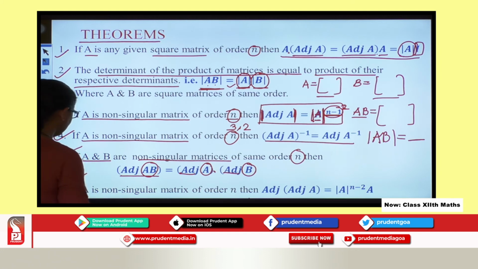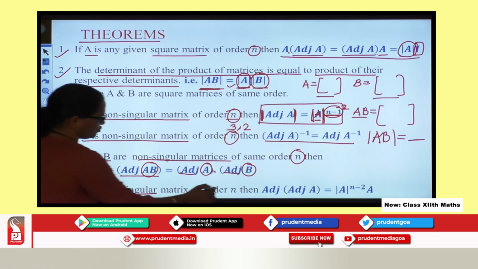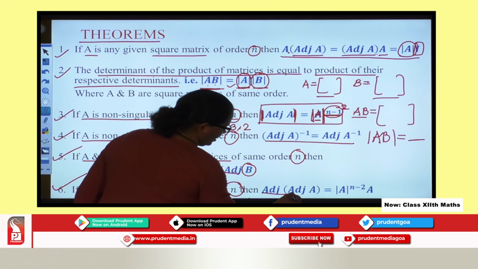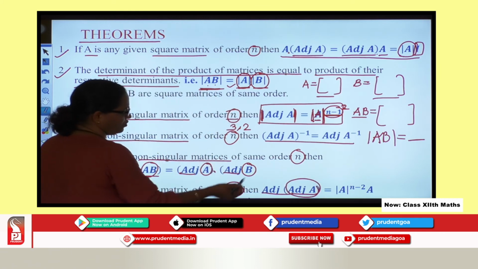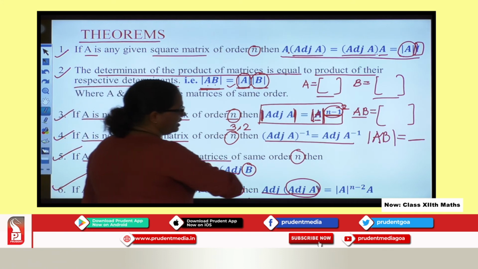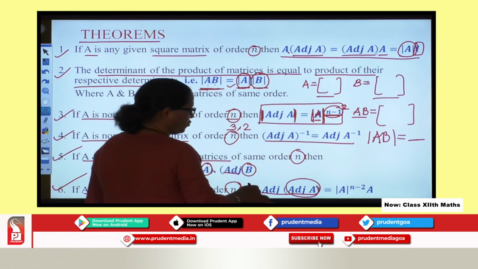Okay, so the sixth theorem, A is a non-singular matrix of order n, then you can see the adjoint of adjoint of matrix A. Okay, how do you get adjoint? By taking the transpose of cofactors.